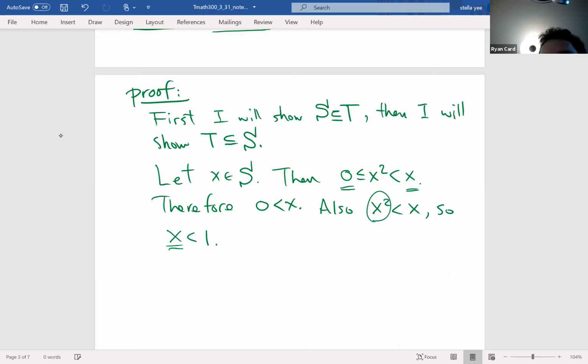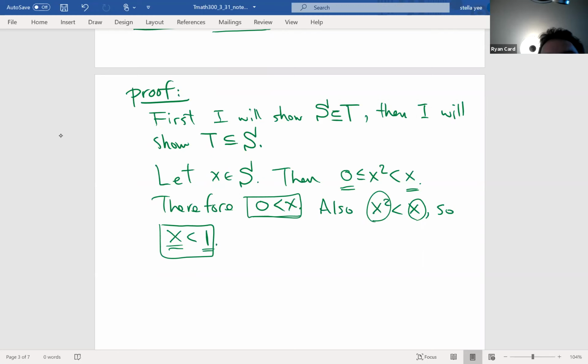And if I divide the right-hand side x by x, I get 1. The inequality does not change because I divided by a positive number. And division makes sense because I did not divide by 0. We know that because x is greater than 0, it's a positive number. Okay, so what did we show? We have shown that 0 is less than x and x is less than 1.